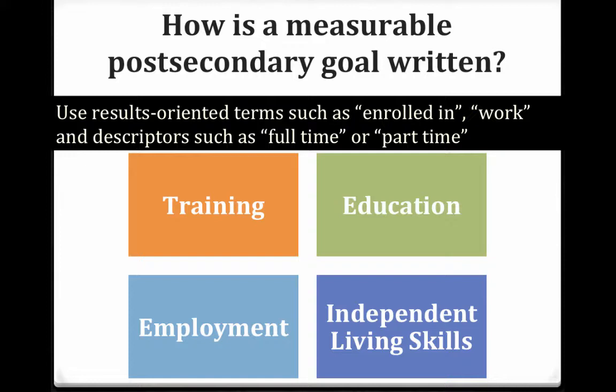When the state goes back, or when the district goes back, or whoever goes back and does post-school follow-up to collect information on that indicator 14, they're going to want to have data that's measurable that says, yes, we have X number of students who are enrolled in post-secondary education settings at least half-time. We have X number of students who are working in competitive employment at least part-time or are working full-time. So these are things that are measurable.